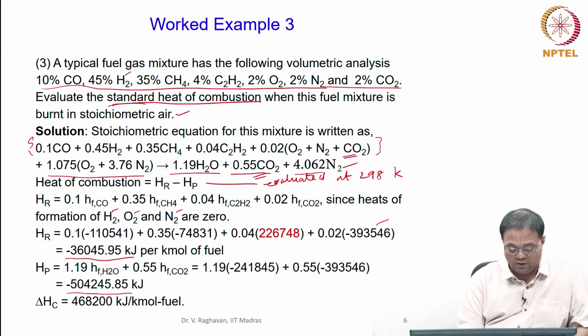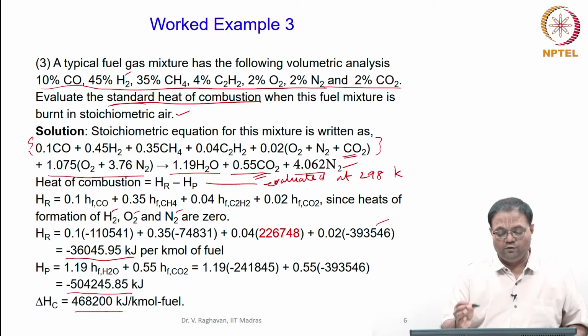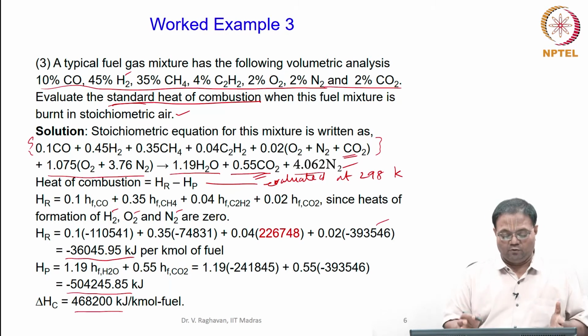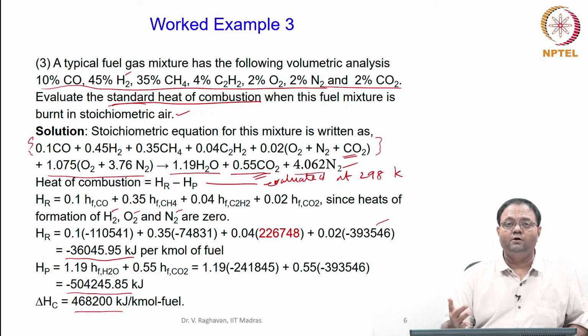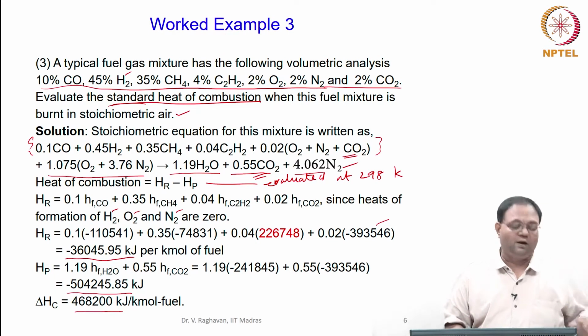When you substitute this, then you find delta Hc by subtracting HP from HR, HR minus HP, that will be this. Okay. So for the fuel you have to calculate this, but if the reactants or products are at different temperatures when they enter and exit, then you have to add the appropriate sensible enthalpies.